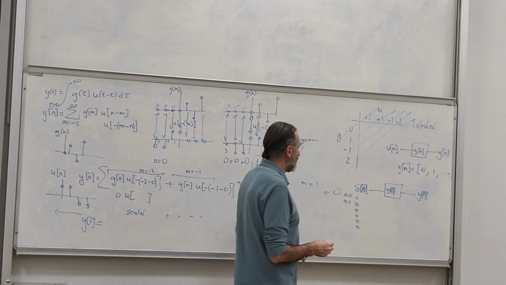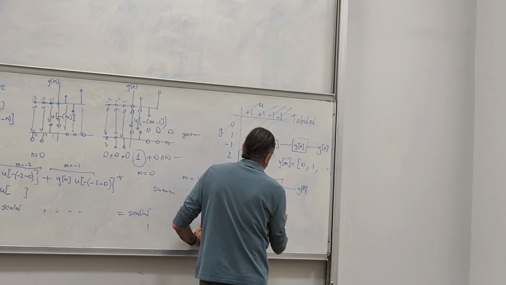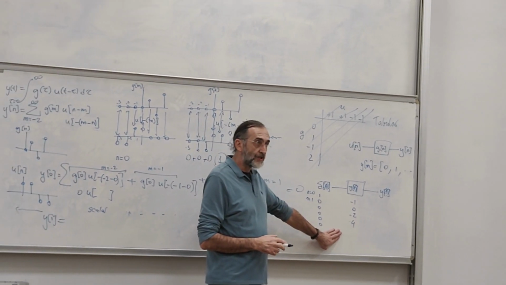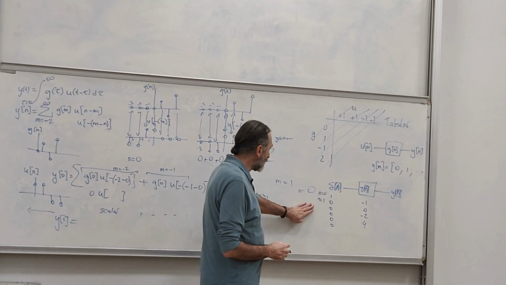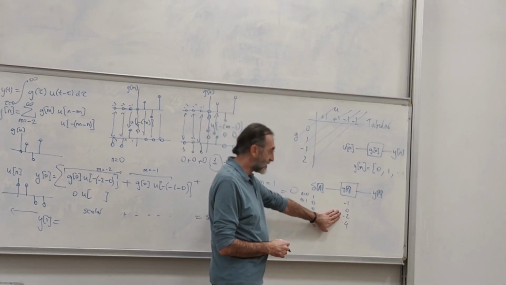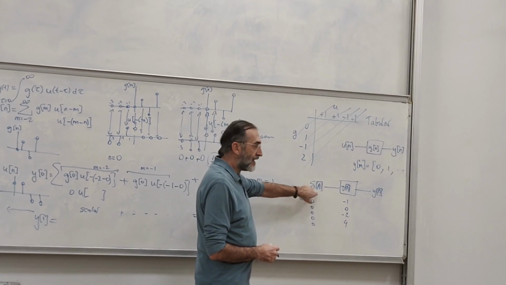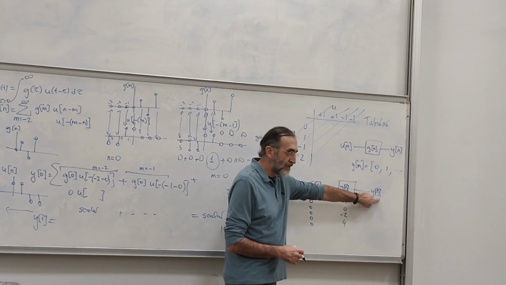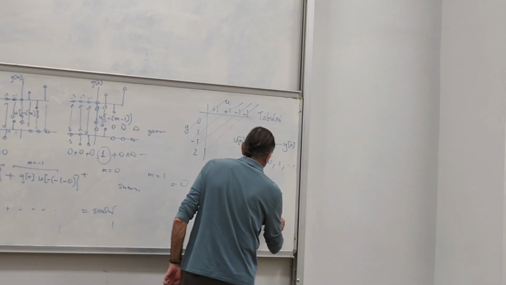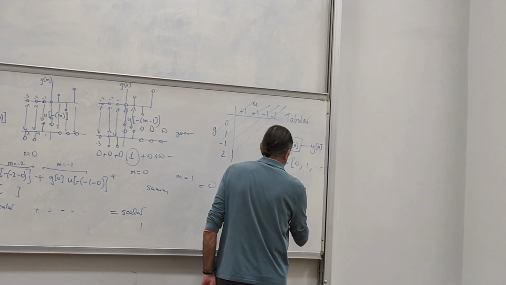And imagine that your g of n is, for example, minus 1, 0, minus 2, 4. That's your g. So the output is going to be the system, because you're convolving it with the delta. And the output of delta input is the system itself. So your y of n is going to be g of n. That's going to be your y of n signal.